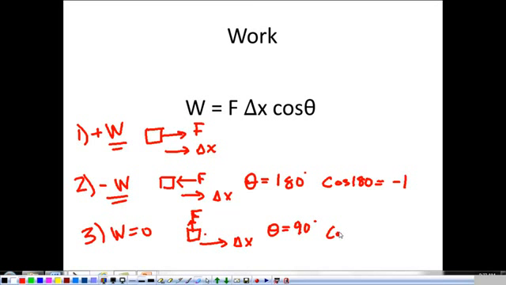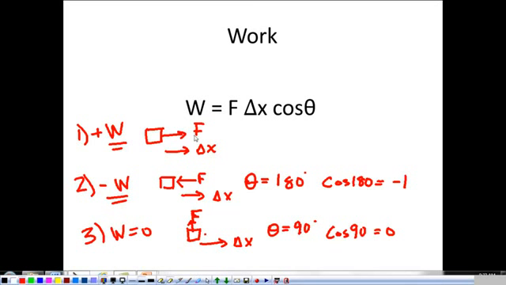Now if we take the cosine of 90, that gives us 0. So the possibilities that go with that, let's erase all this stuff. So cosine of 90 is 0.